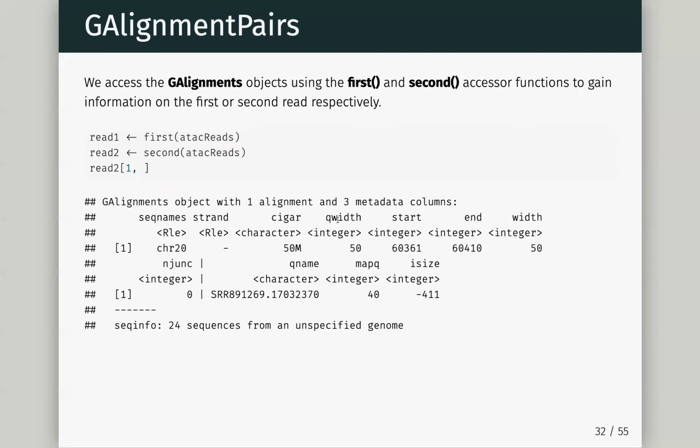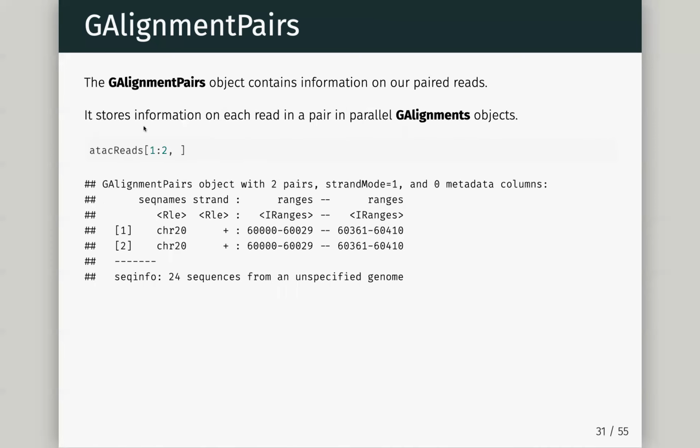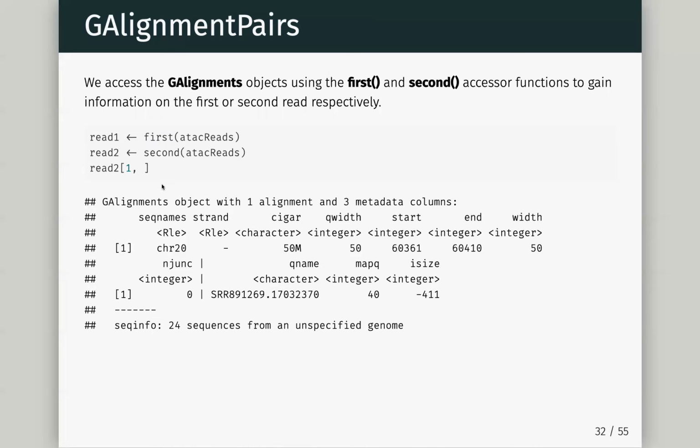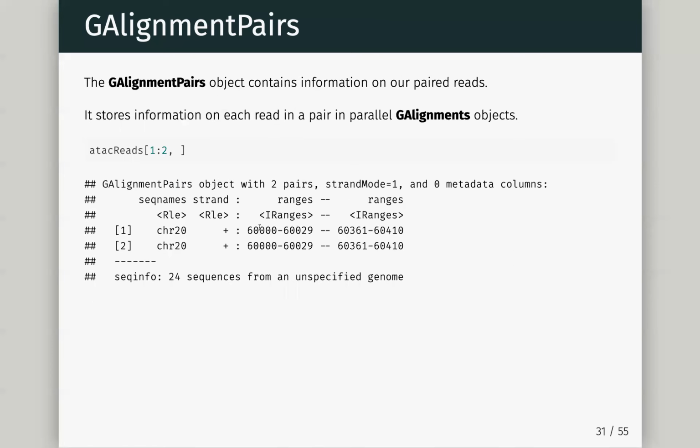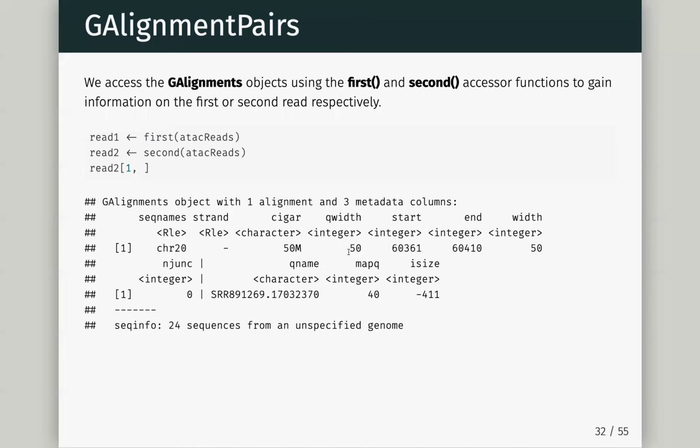If I want to look more carefully at read 1, I can extract my first read from my object of reads here. I can do first, and I will get the first read. Second, I will get the second read in the pair. So I'm basically extracting this read in the pair or this read in the pair.